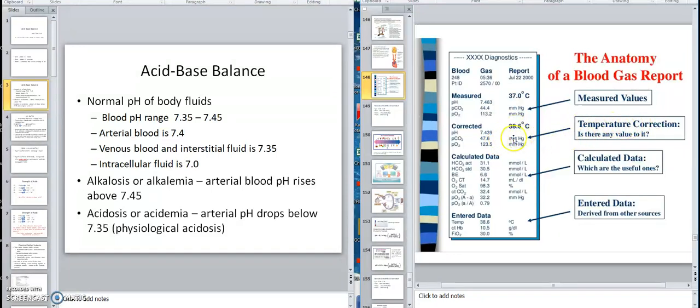So see that this is 7.43, which puts them in range on the corrected value. It puts them in the range, but still a little bit above the 7.4. Anyway, let's go a little further. Alkalosis or alkalemia: arterial pH rises above 7.45. Acidosis: below 7.35. Physiological acidosis.